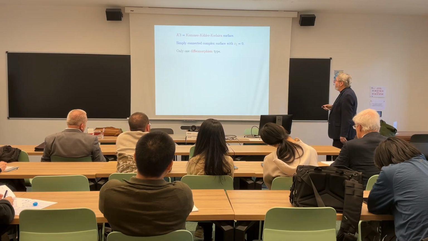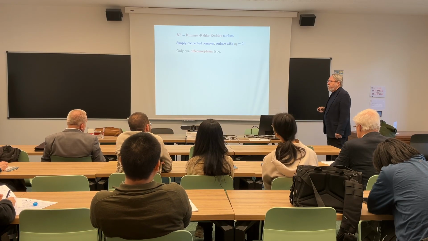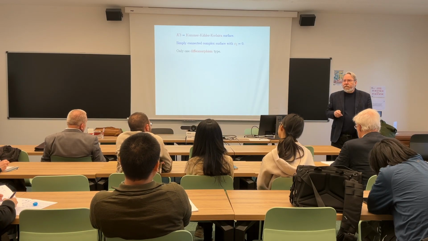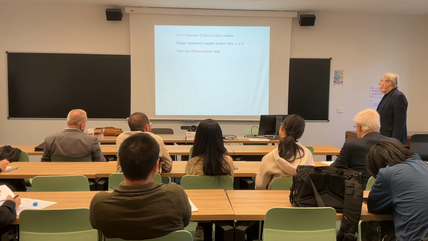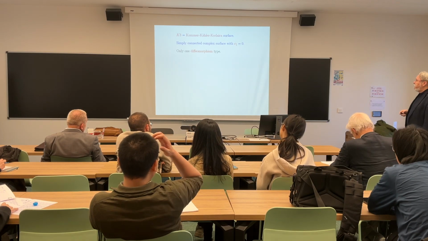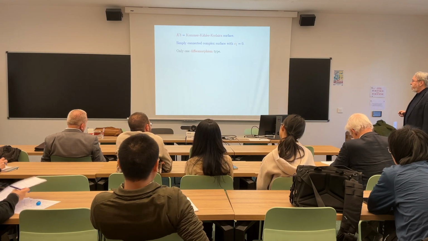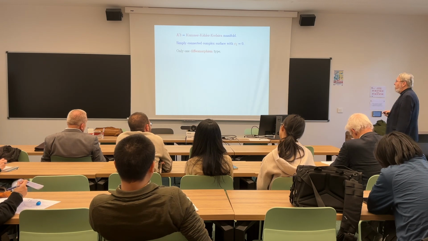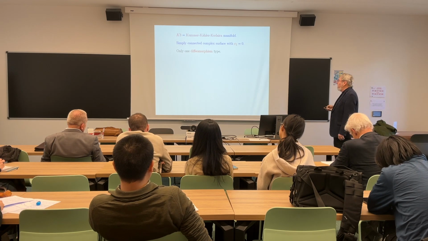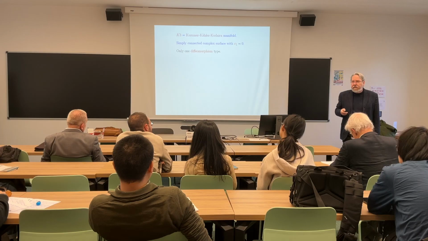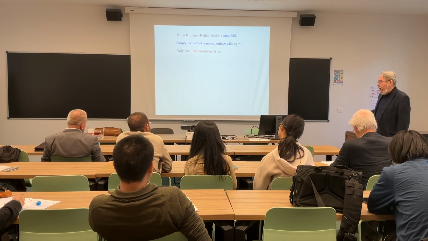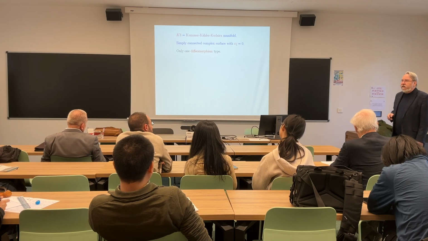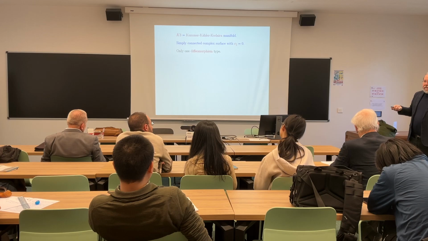Actually, because it's simply connected, you could even just say C1 vanishes with real coefficients. Well, there's only one diffeomorphism type, and therefore, in this course, I'll often refer to the K3 manifold, and you could say as a smooth manifold, it's represented by any K3 surface.